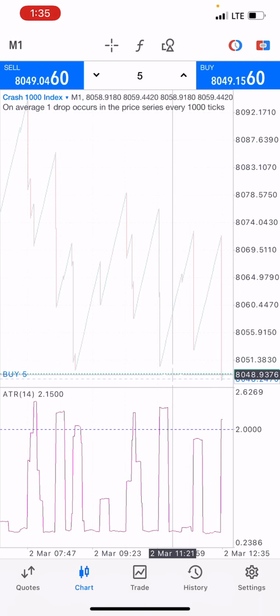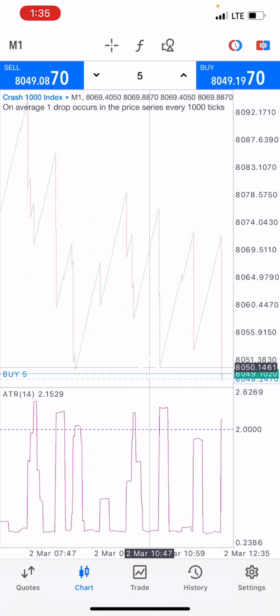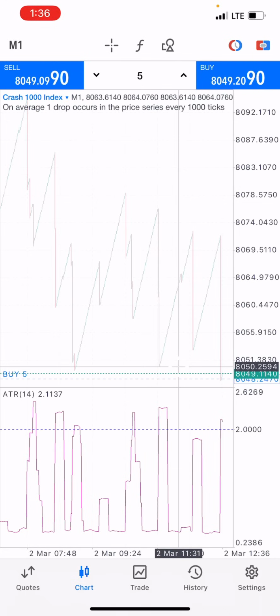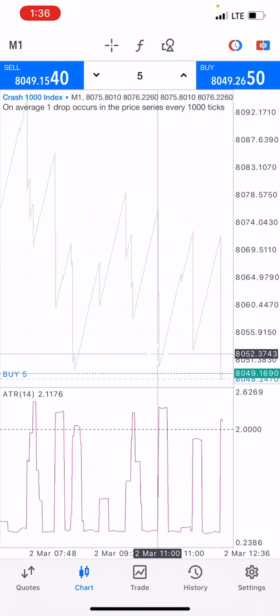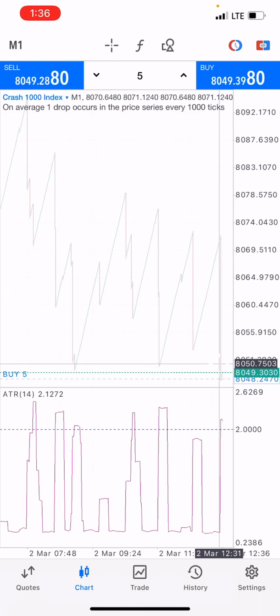The one I'm using is 5 lot size right now, guys. 1 lot size will bring $3, so 5 lot size will be giving me $15 per candle.